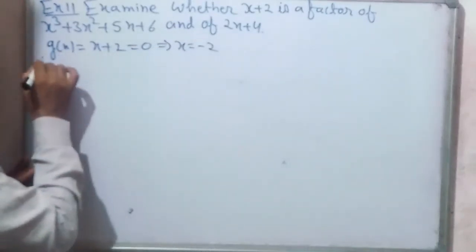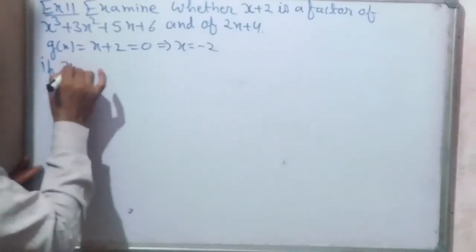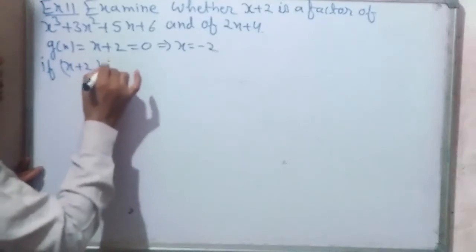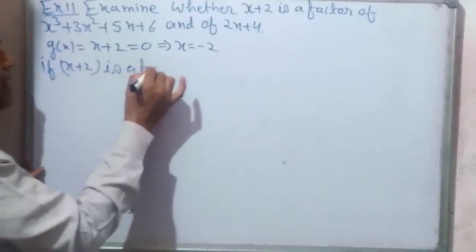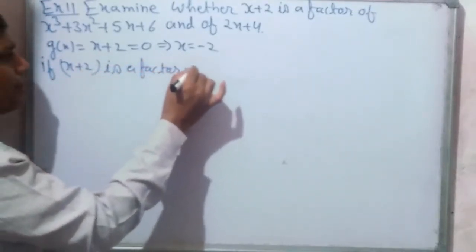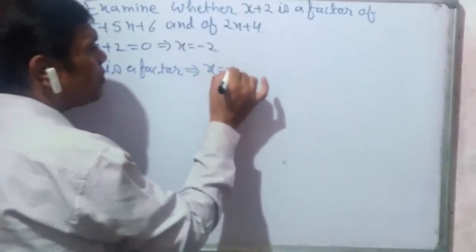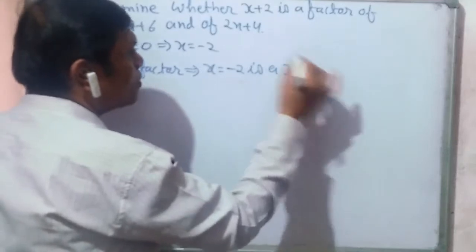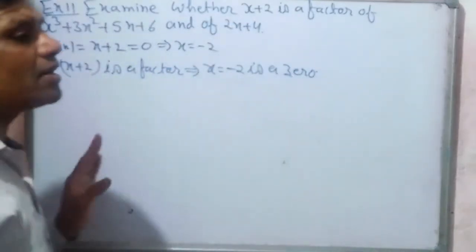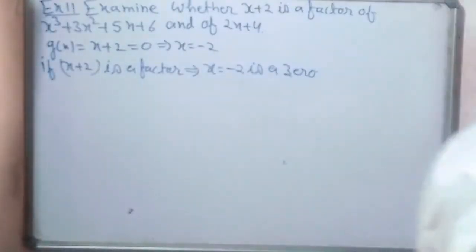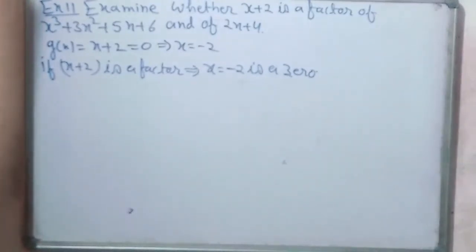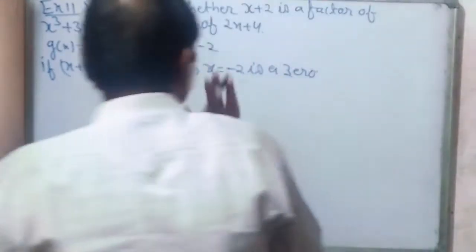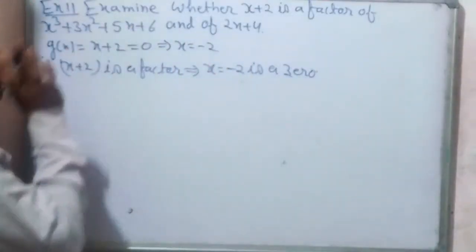That means if x plus 2 is a factor, it implies x equals minus 2 is a 0. You were told the relation between zeros and factors. Simple. So x equals minus 2 should be a 0 of this polynomial.